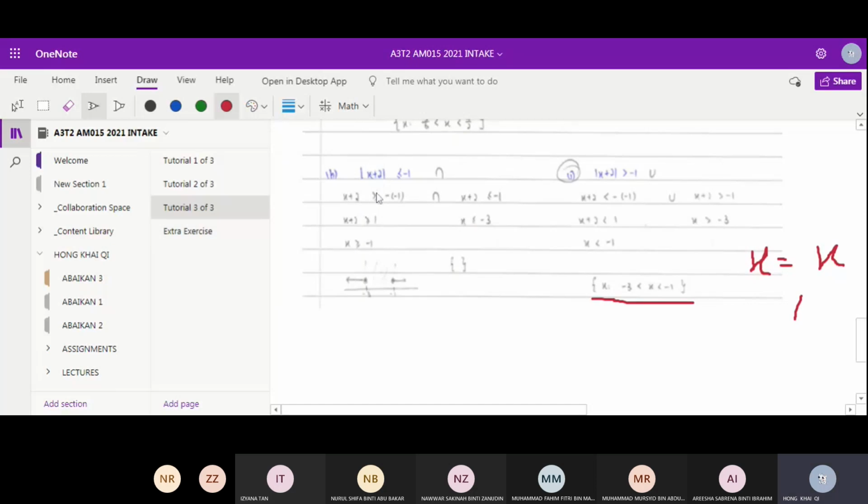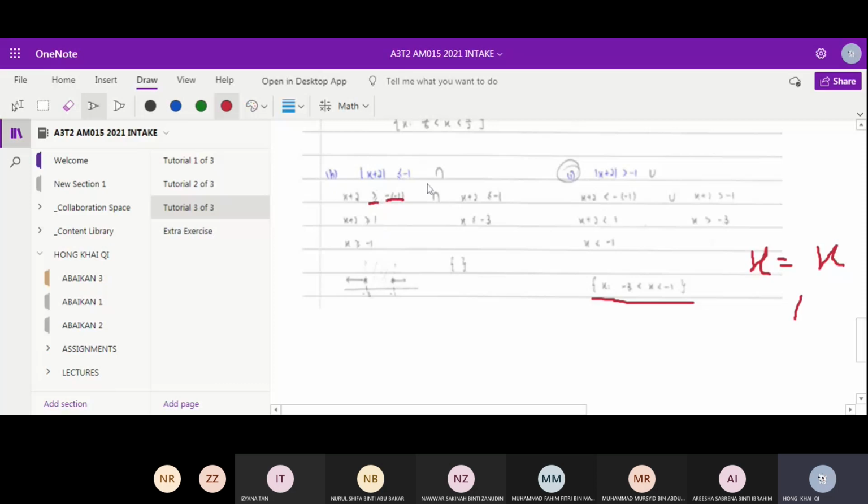One, you change the symbol: less than or equal to, you flip it to become more than or equal to, and then you add a negative to the right hand side, so it becomes positive.